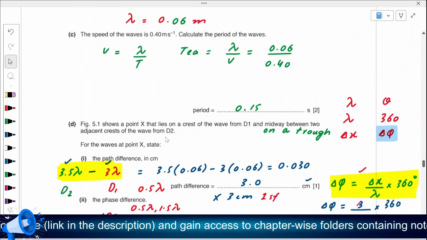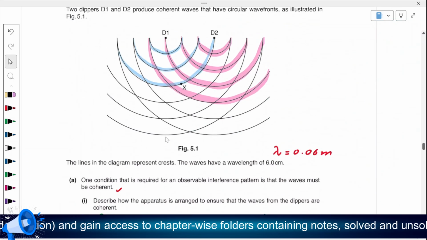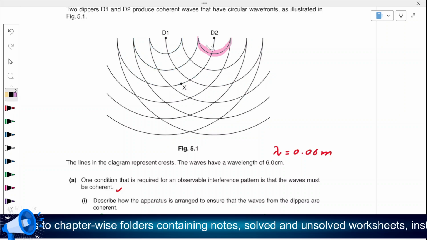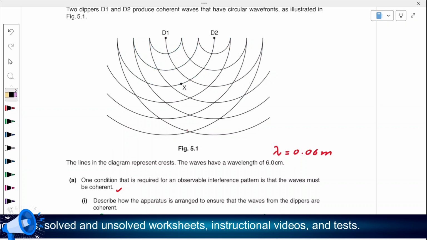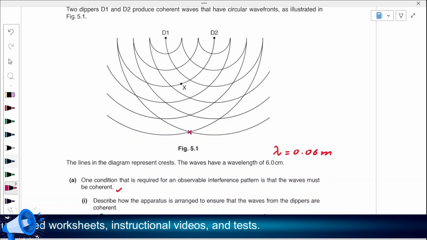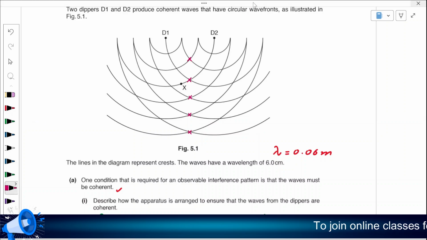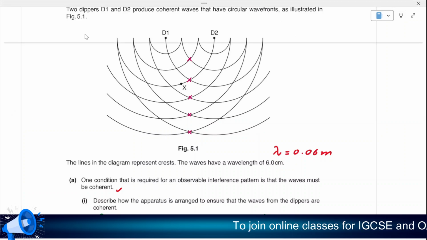So for example, yeah, I gotta raise this for a moment. I see a point straight away over here, crest combining with the crest, crest combining with the crest, crest with the crest, or could have been otherwise trough combining with the trough. Means the same thing.